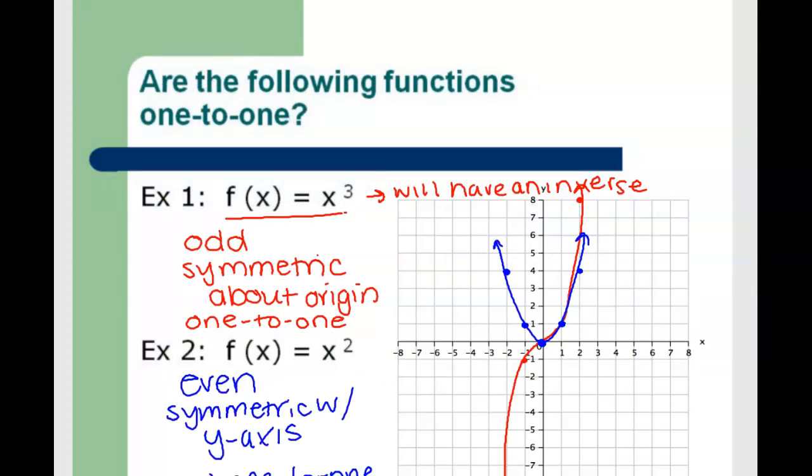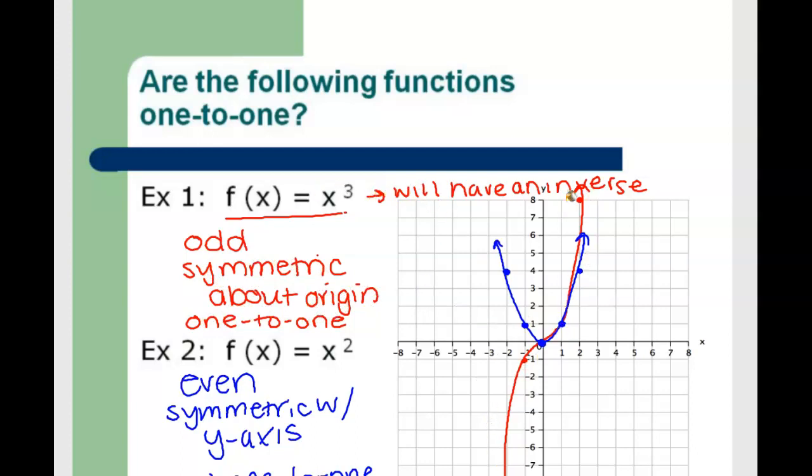So we have two functions. We have x cubed and x squared. X cubed is graphed here in red. X squared is graphed here in blue. What you'll notice is x cubed is odd. That makes it symmetric about the origin, and thus one-to-one.